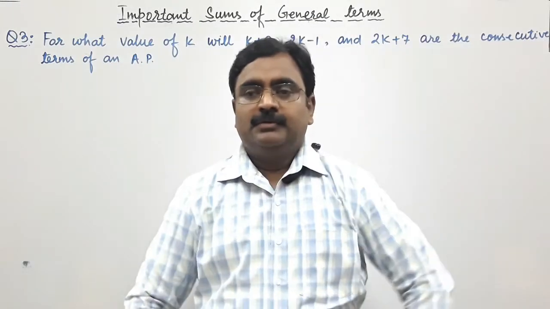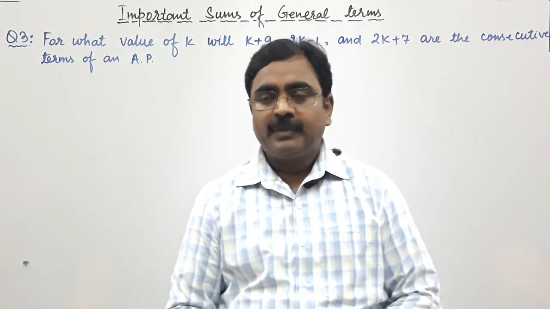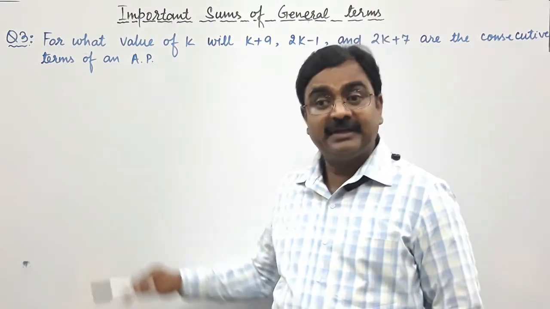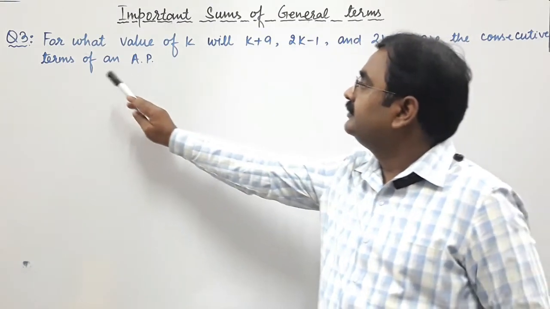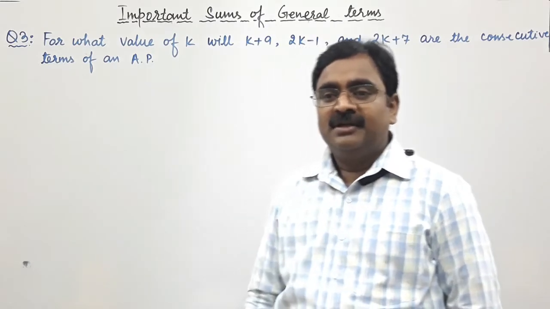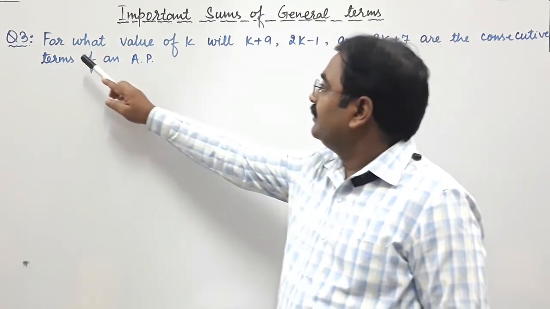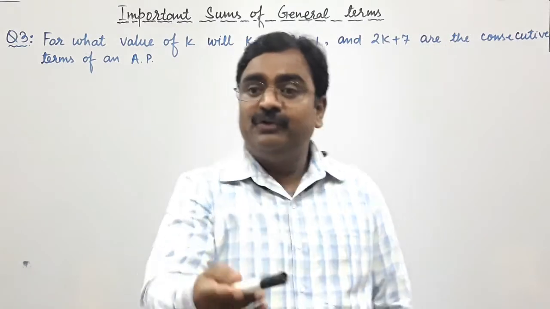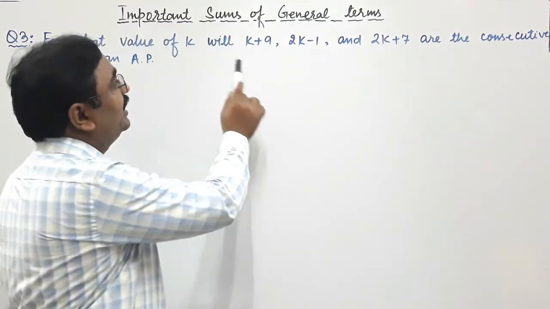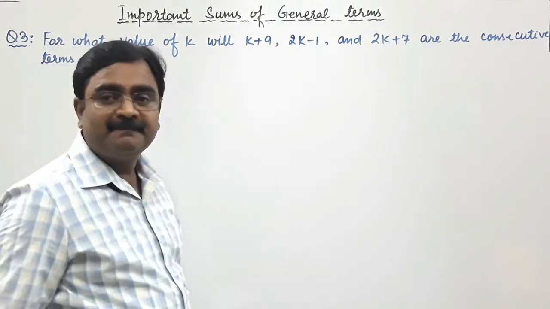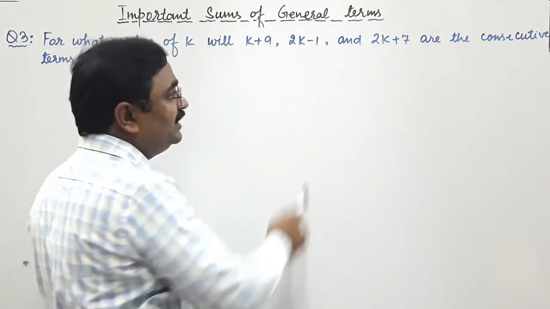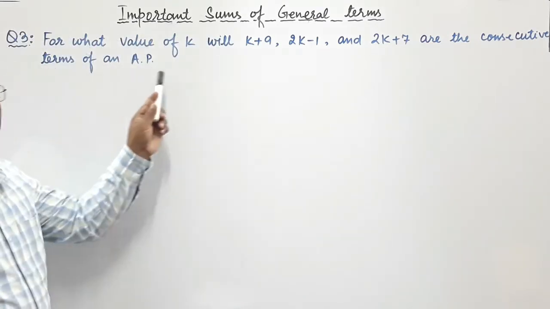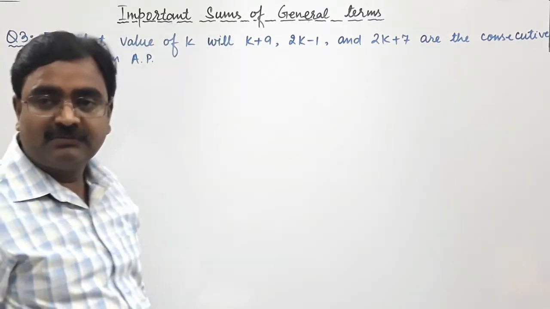Right? Okay children, in order to carry forward these additional sums, these important sums, let us see the third question. In the third question it is given: for what value of k, k की कौन सी वैल्यू होगी, for what value of k are k plus 9, 2k minus 1 and 2k plus 7 consecutive terms of an arithmetic progression.